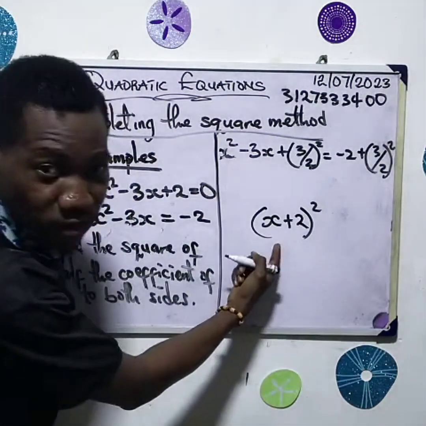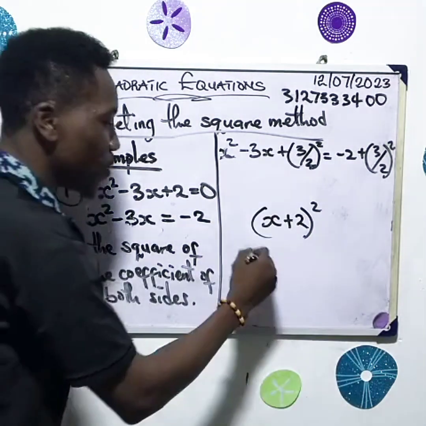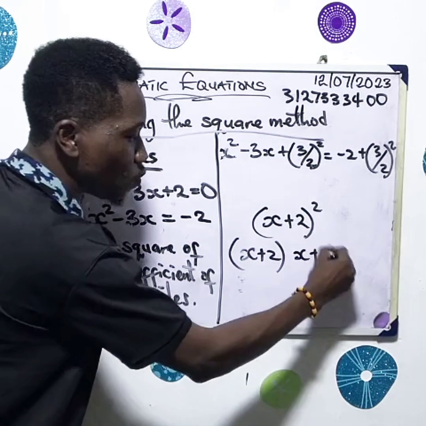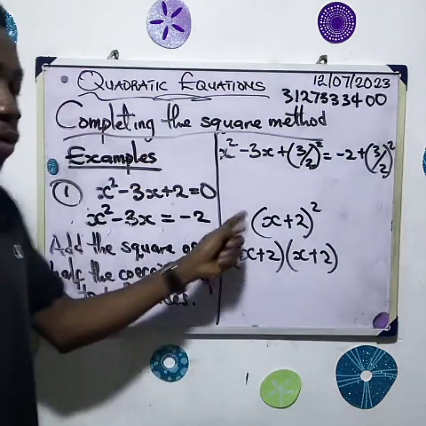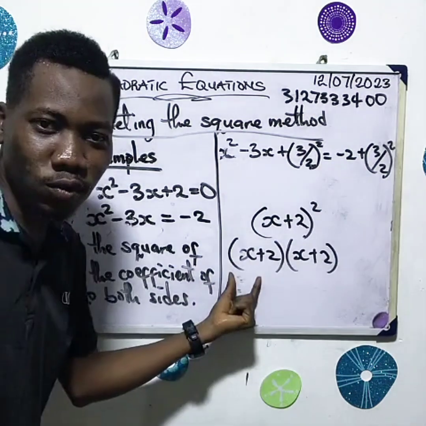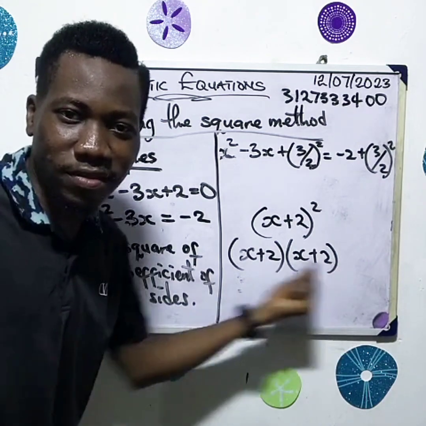So when you have this, what it means is that you want to do this times itself. So you're going to have x plus 2 and what? X plus 2. So x plus 2 all squared means x plus 2 times x plus 2. So now let's expand this.